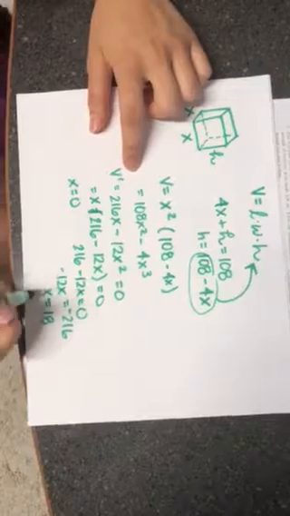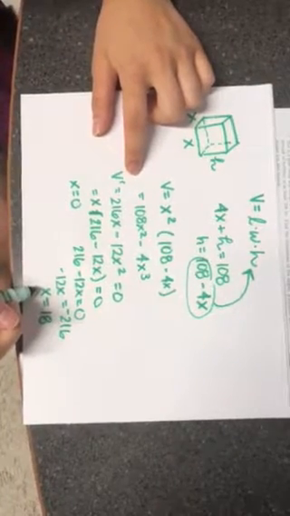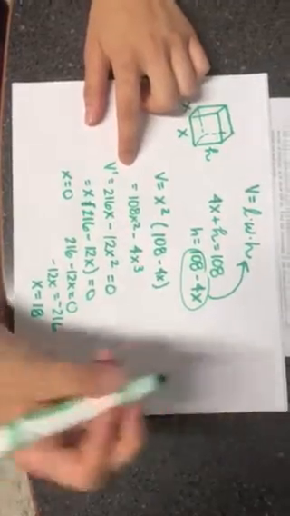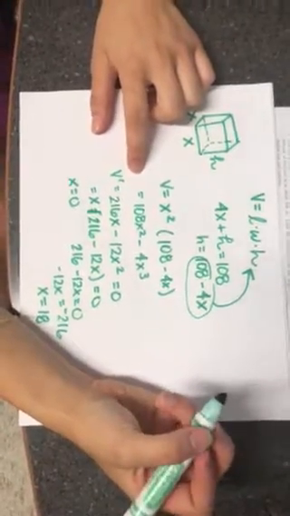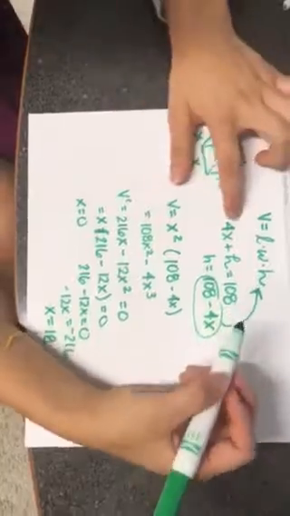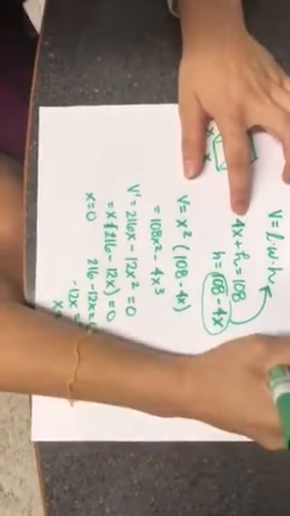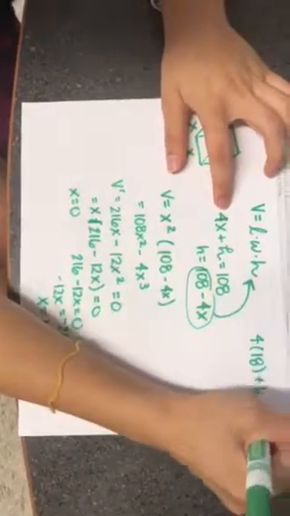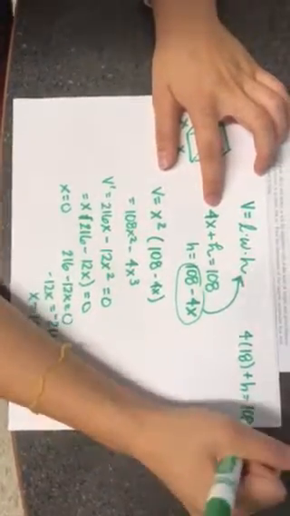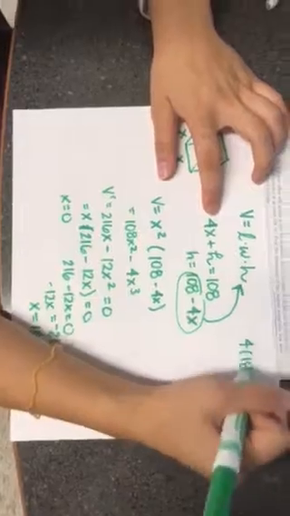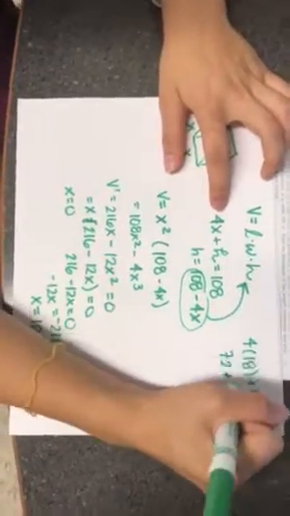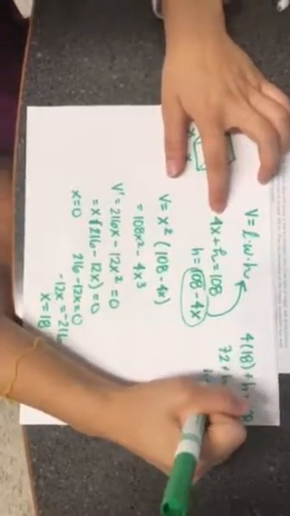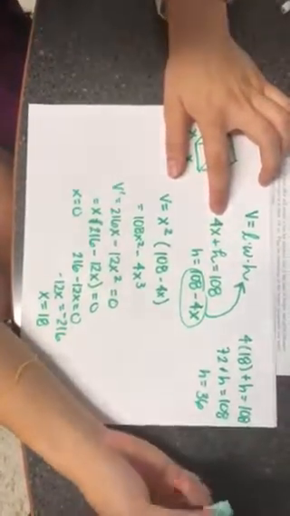So then you can take this and plug it back into this equation. And so you have 4 times 18 plus h equals 108, and this will give you the height of the box. So 4 times 18 is 72, plus h equals 108. Subtract 72 from both sides, and h equals 36.